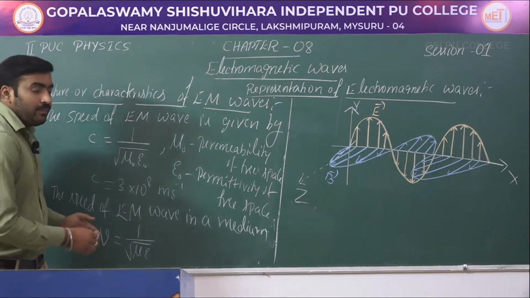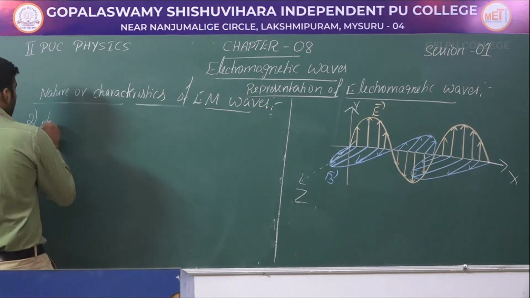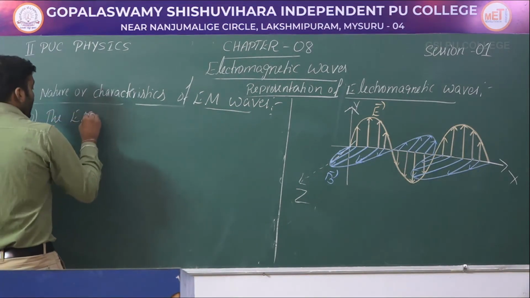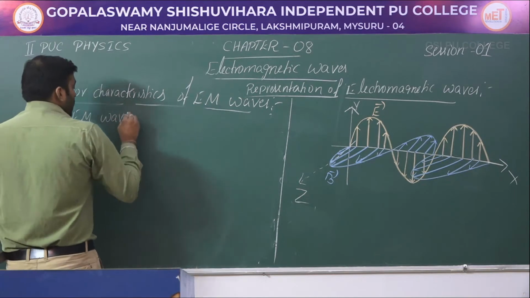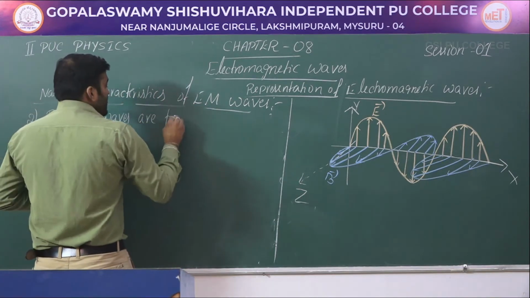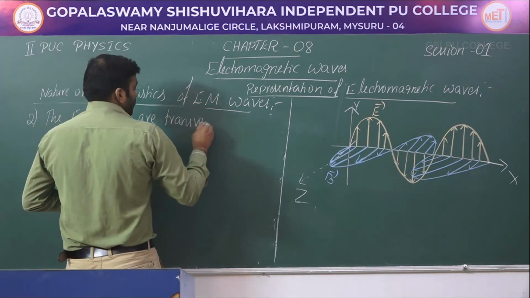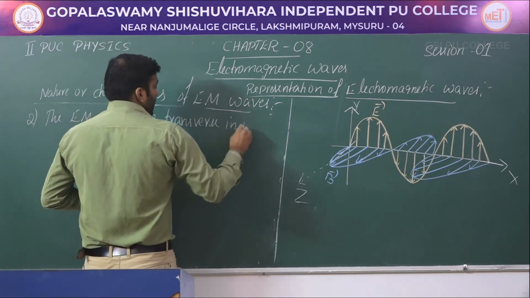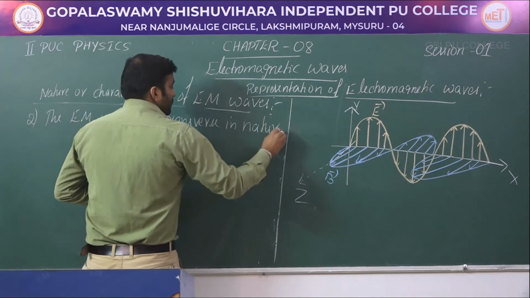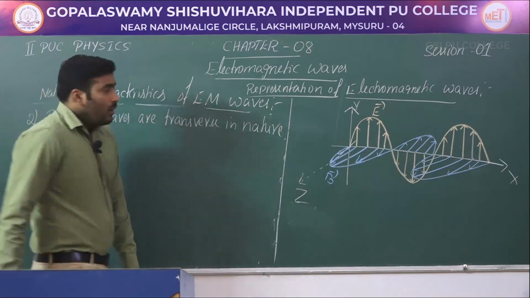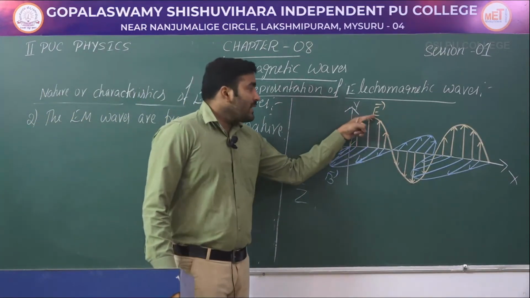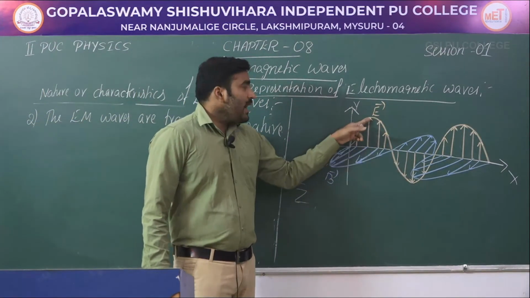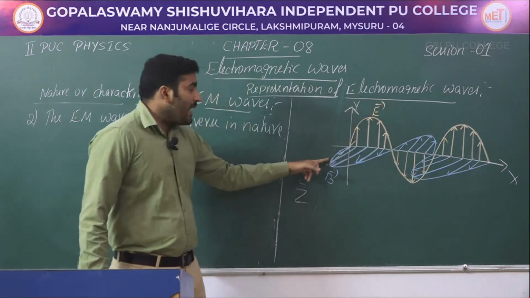Okay, fine. The second property is that electromagnetic waves are transverse in nature. I said that this electromagnetic wave has an electric field vector and a magnetic field vector.